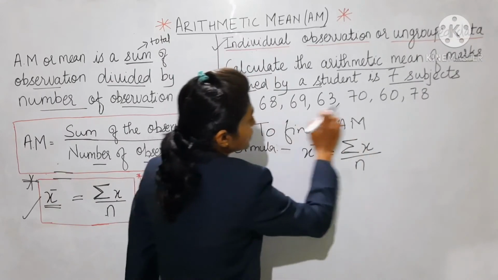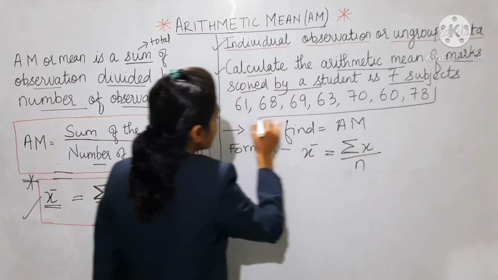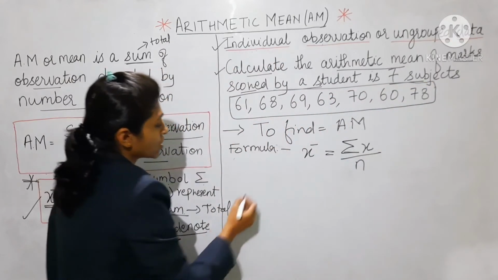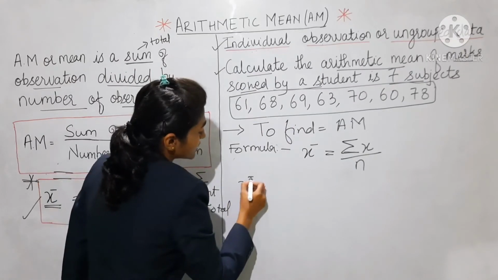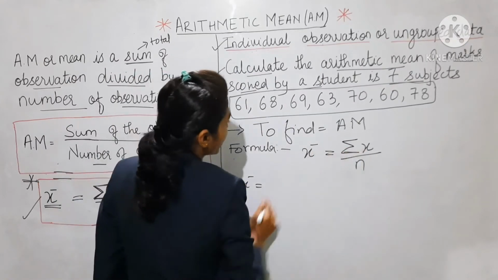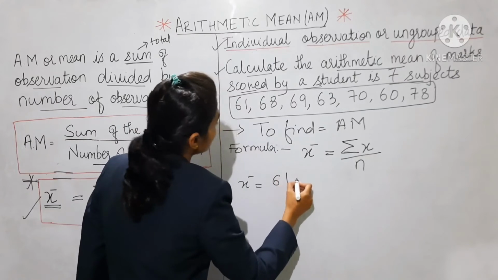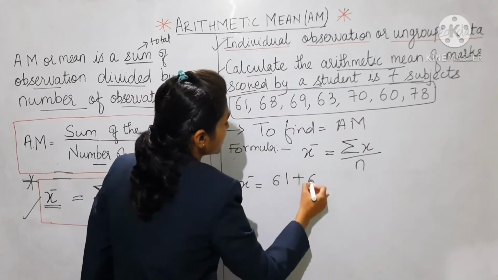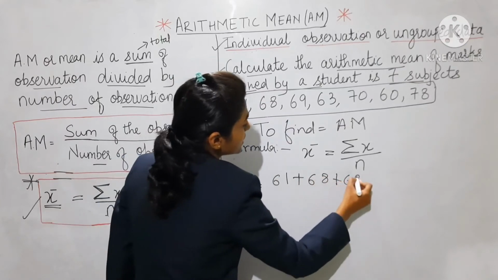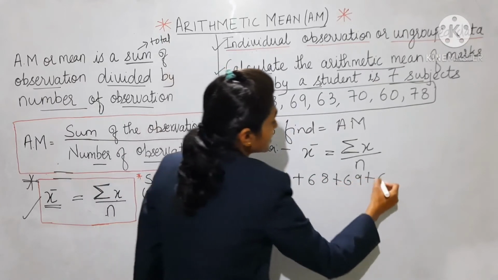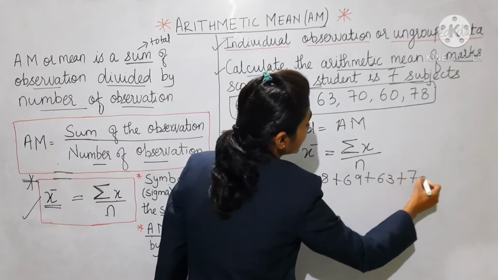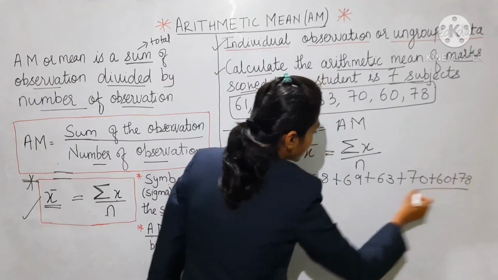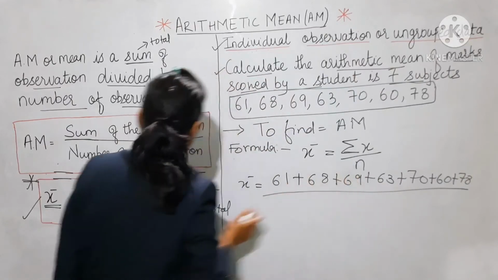X is these observations, these numbers. So x bar is equal to sum of x: 61 plus 68 plus 69 plus 63 plus 70 plus 60 plus 78, divided by n.